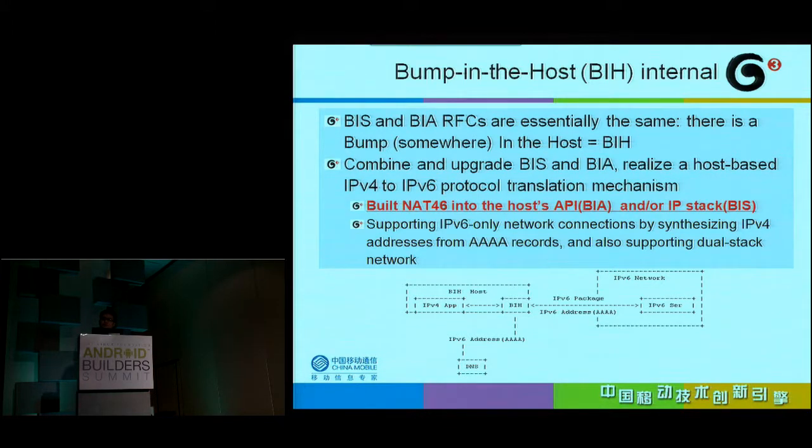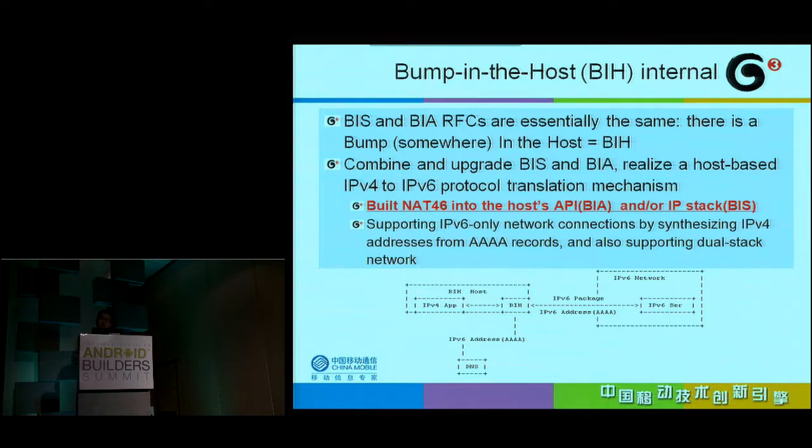Bump in the Host internals: I will introduce the internals of BIH. BIS and BIA RFCs essentially have the same bump in the host. The bump actually does the IPv4 and IPv6 translation.